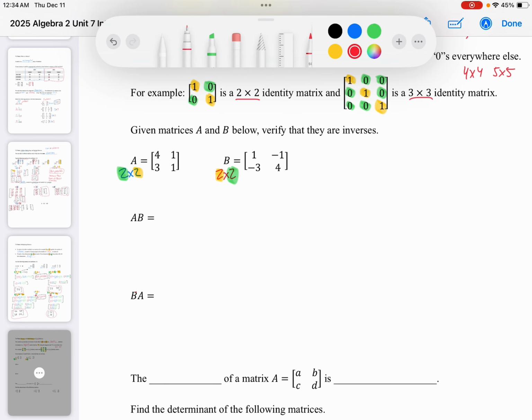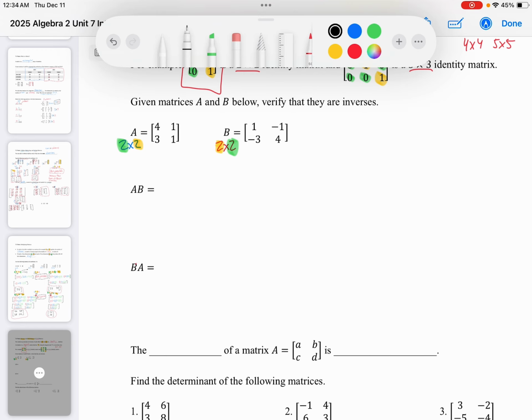If they are inverses, we should expect that after we do all of our multiplication, the answer is this matrix 1, 0, 0, 1. That's what we should expect to find at the end if they are in fact inverses. So let's find out.